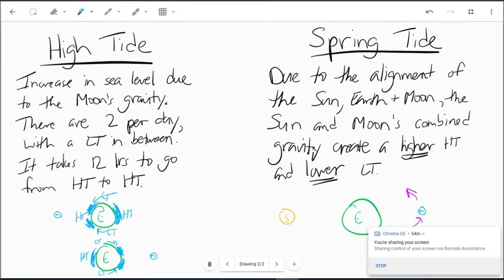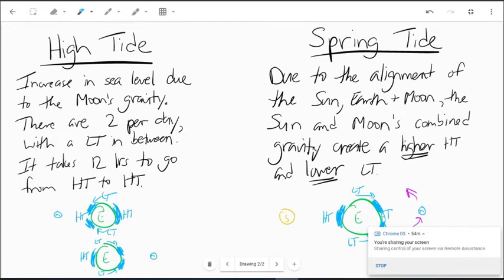Where's high tide at? For the moon, it's right here, pulling that water over. High tide, low tide, low tide. That's all for the moon. How about the sun?